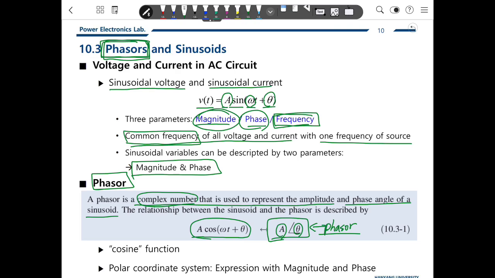When you do that, the time domain function should be cosine, not sine. This is a promise. Because we only choose the magnitude and the phase, that variable can be expressed in the polar coordinate system. The expression with the magnitude and the phase is a phasor.